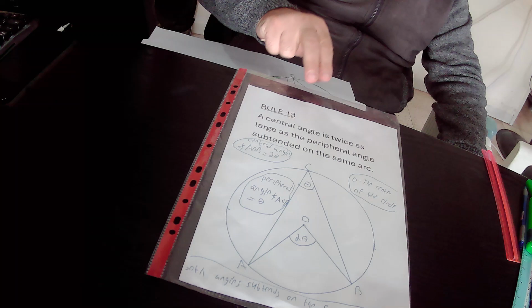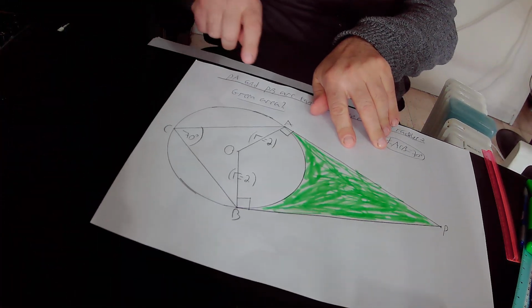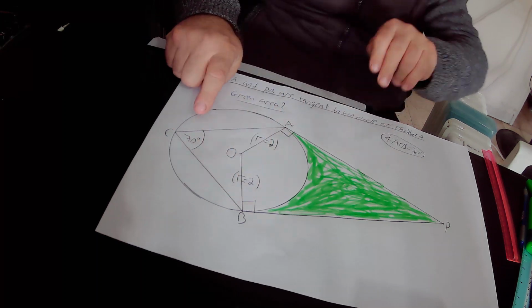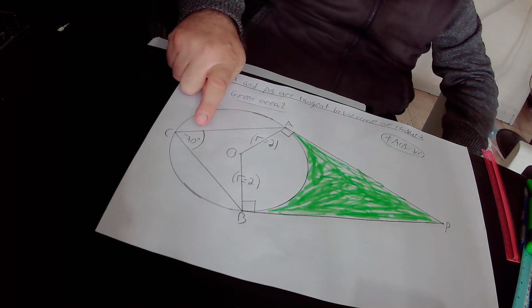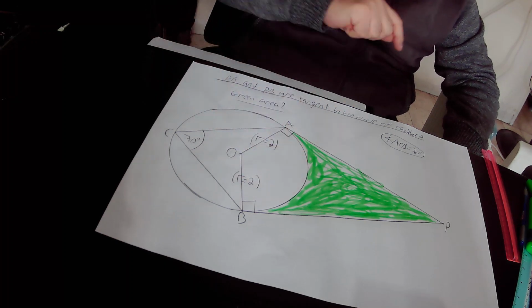So we can actually implement rule 13 in our drawing. Why? Because in our drawing we have peripheral angle ACB. This is peripheral angle ACB that is equal to 70 degrees in its size and is subtended on this arc AB.